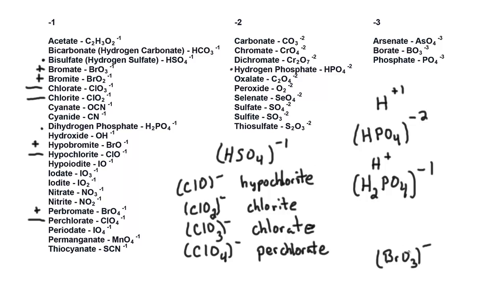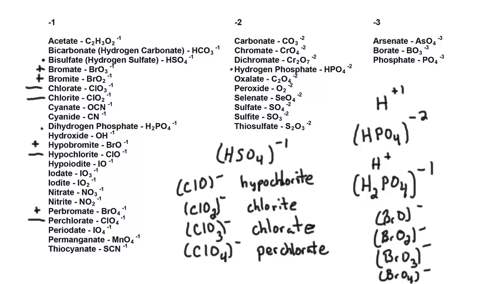BrO3 is bromate. Then what would BrO4 be called? BrO4 would be called perbromate. And BrO2 would be called bromite. Let's just check that. BrO2, bromite. And BrO would be called hypobromite.